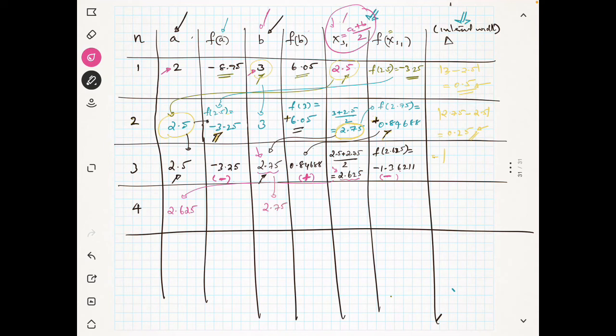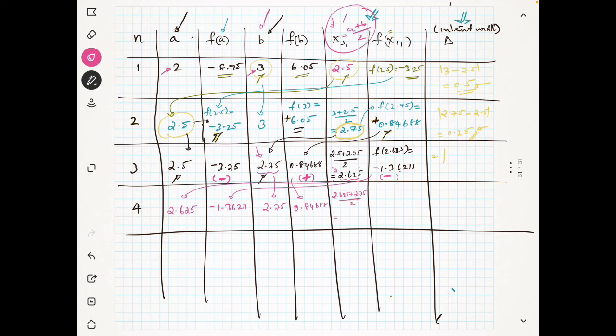Now f of 2.625 is minus 1.36211, directly from before, and f of 2.75 is 0.84688. Now we find the new solution as 2.625 plus 2.75 divided by 2.